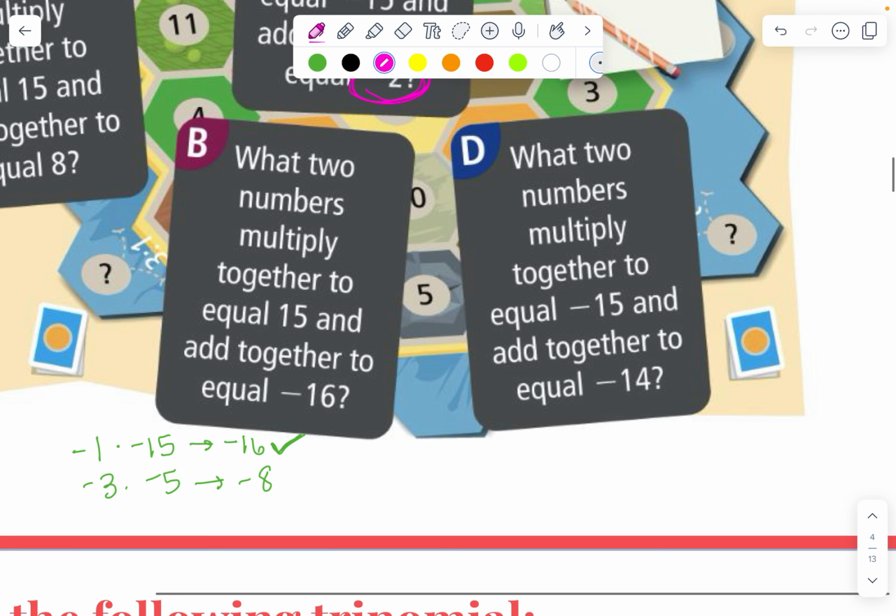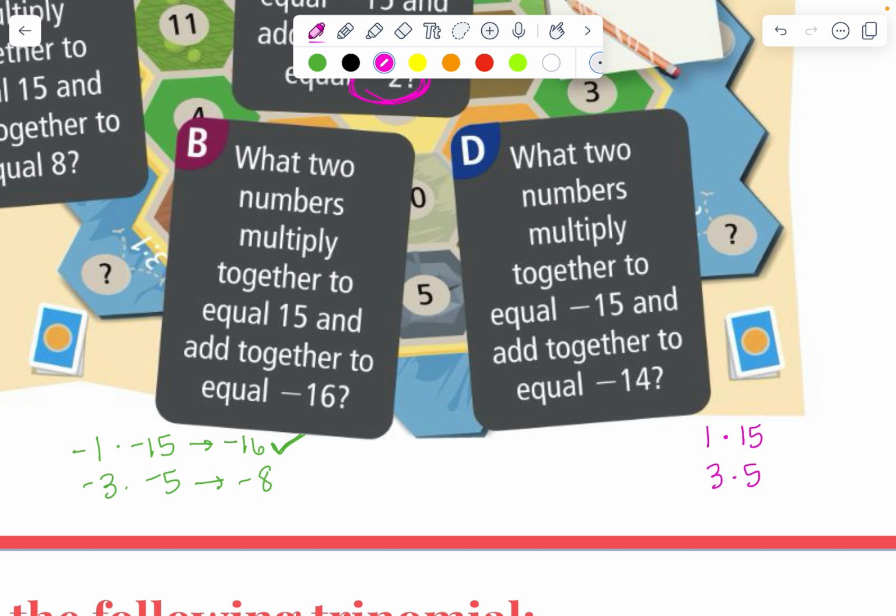And then finally, which numbers multiply to negative 15 and add to negative 14? Again, if we're multiplying to a negative, that means that we have to have a positive and a negative. And if we're adding to a negative, that means our bigger number has to be negative. So again, we have 1 and 15 and 3 and 5.